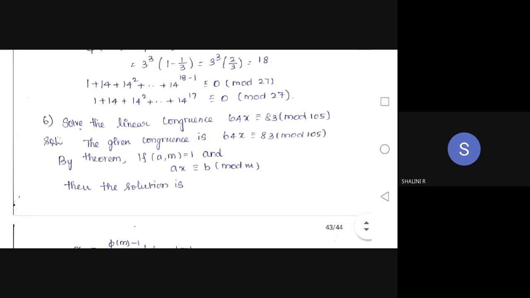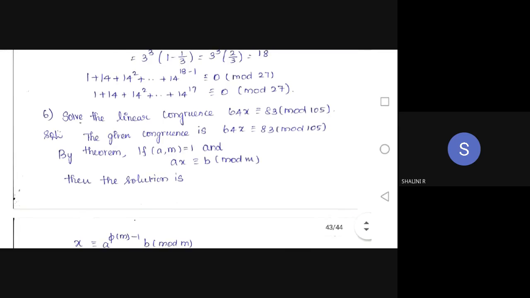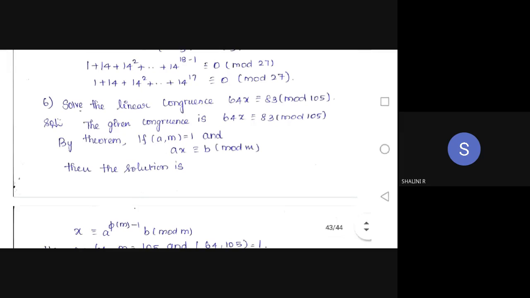Solve the linear congruence 64x is congruent to 83 under mod 105. If the GCD between a and m is 1, which means a is relatively prime to m, and ax is congruent to b under mod m, then its solution will be x is congruent to a power phi of m minus 1 into b mod m.